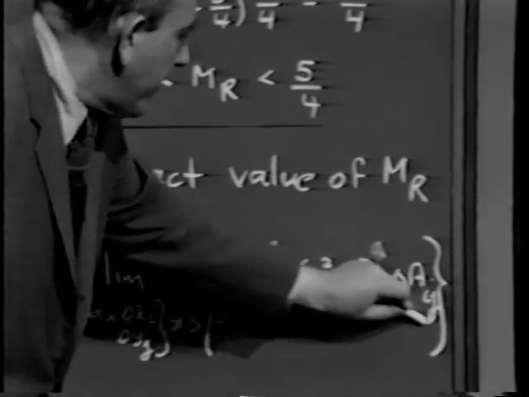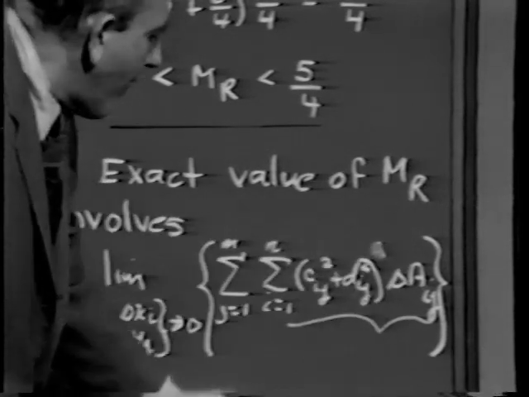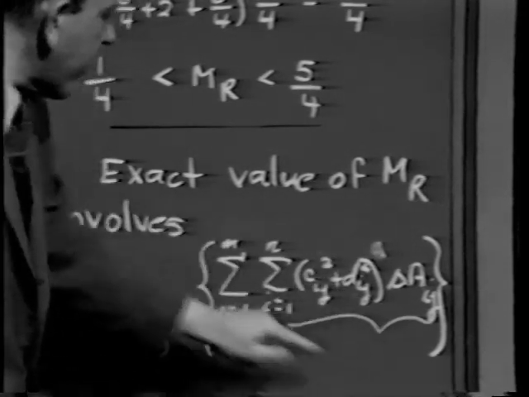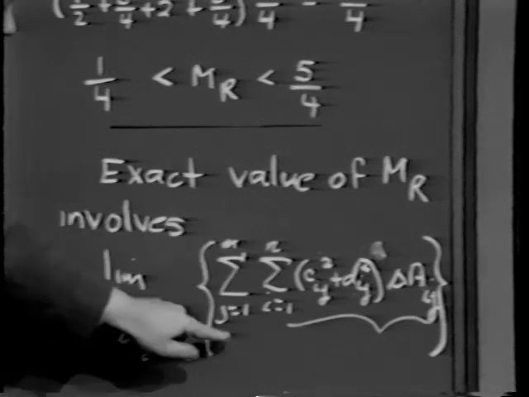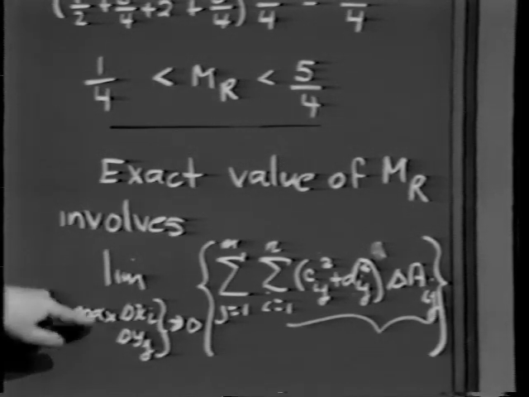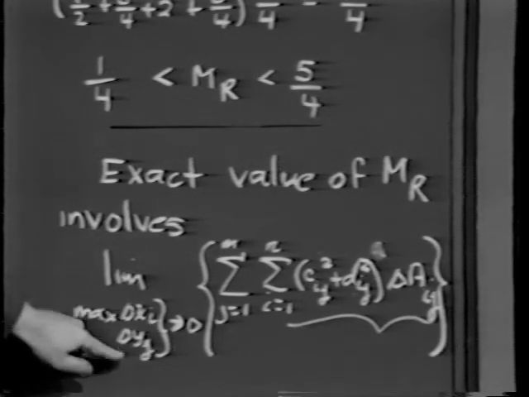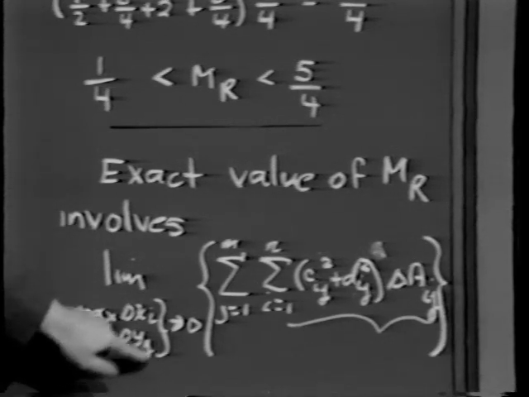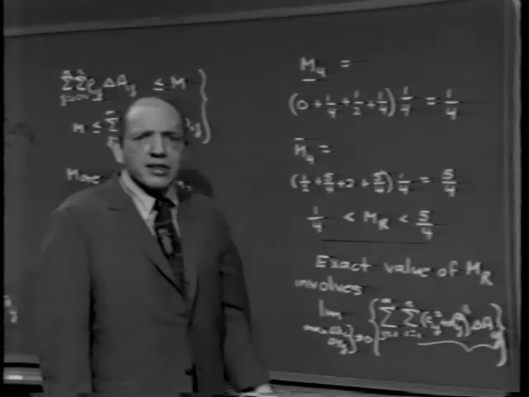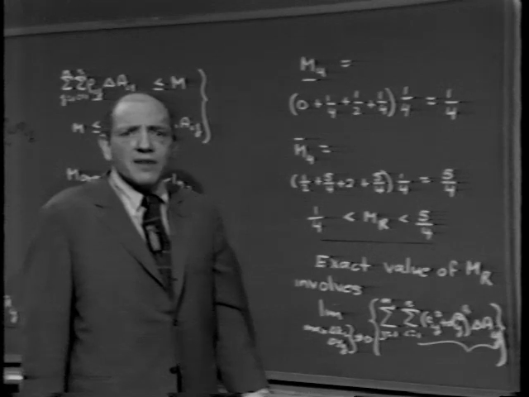This would give me the mass of a particular piece, and I add these up as i goes from 1 to m, as j goes from 1 to n, and take the limit as the maximum delta x sub i and the maximum delta y sub j approach 0. And this, in most cases, is very, very difficult.